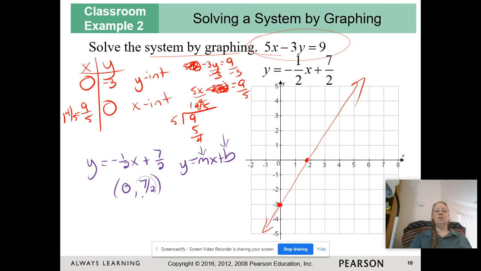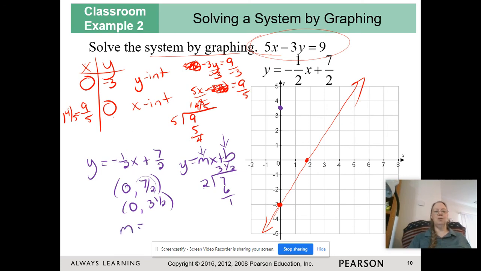Again, easier to graph if that's a mixed number. So 2 goes into 7, 3 times, with a remainder of 1. So this is 3.5. So I have my y-intercept at 0, 3.5, right there. And then I'm going to go down 1 and to the right 2.